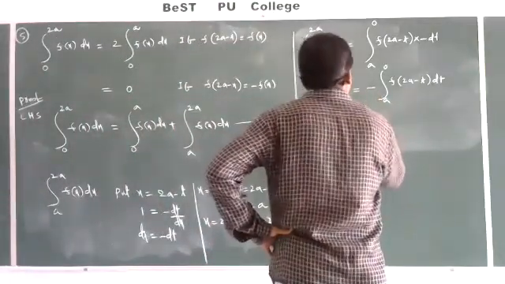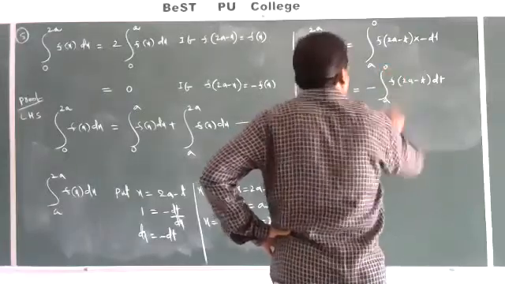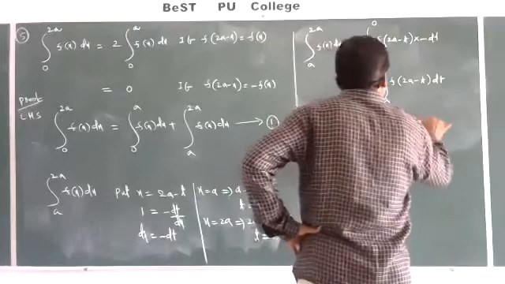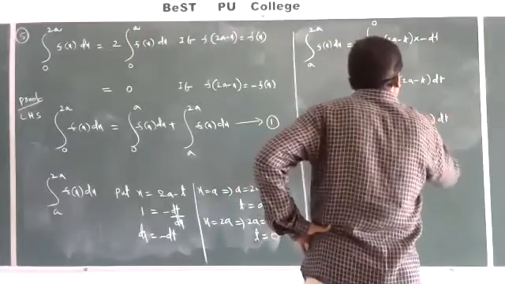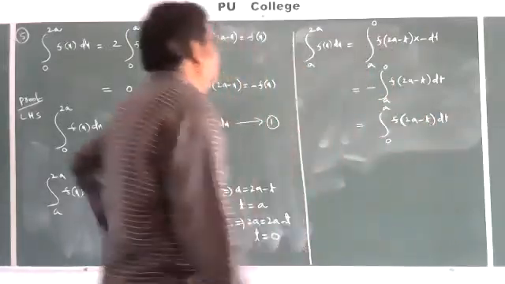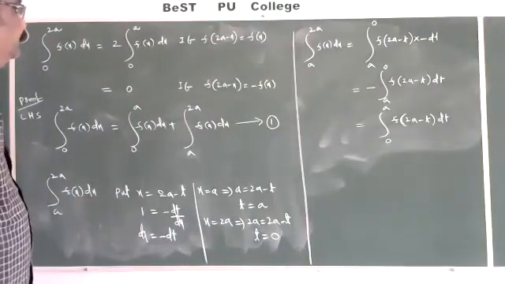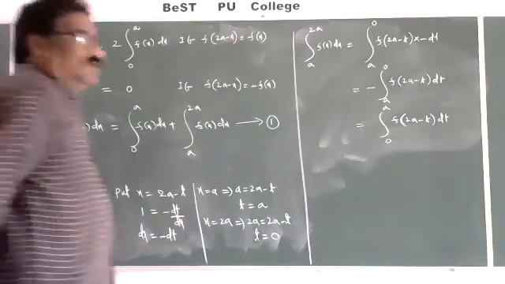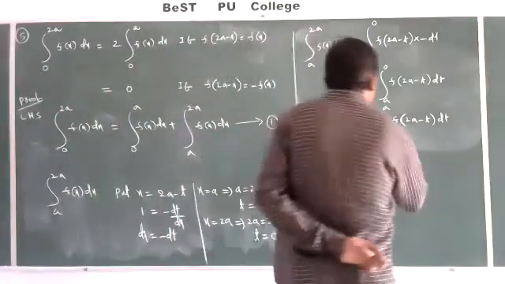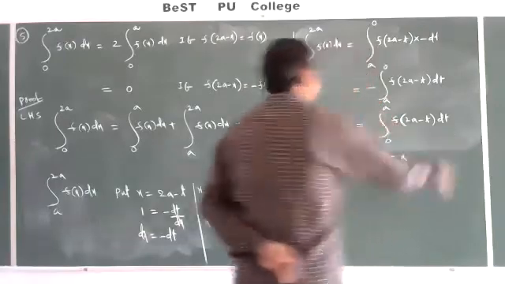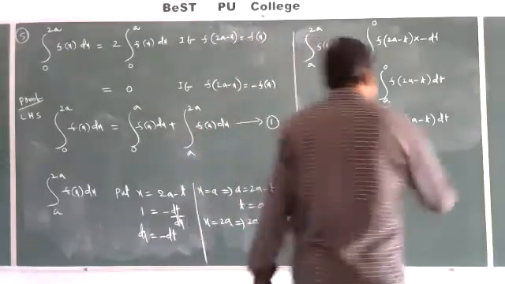Then for this minus, the limits are changed: integral 0 to a f(2a minus t) dt. Then again substitute t is equal to x.